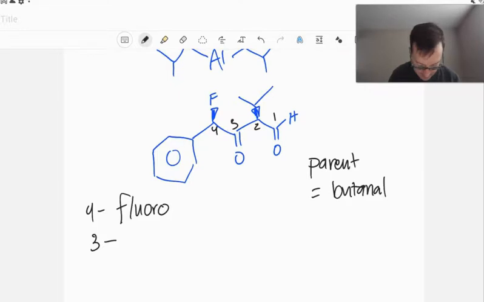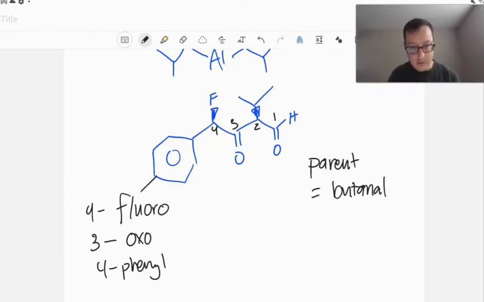And the name of that group? Okay. What are we missing? The phenyl. Okay. What else are we missing? No. Toluene would be this dude. Toluene is methylbenzene.